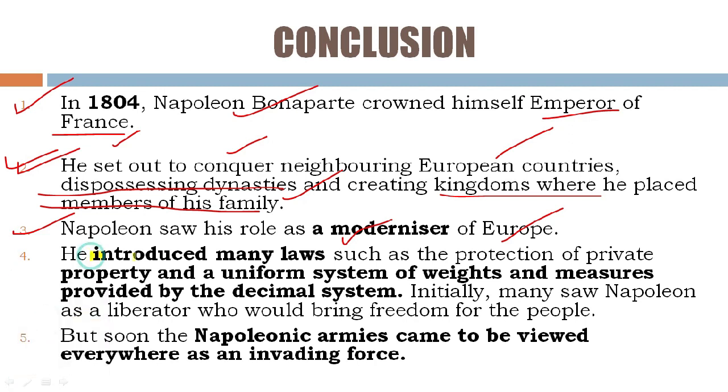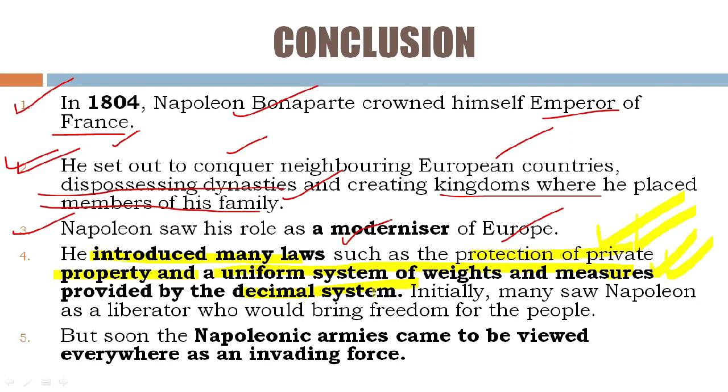We see he introduced many laws such as protection of private property and a uniform system of weights and measures provided by the decimal system. There were lots of different kinds of systems of weights and measures going on in Europe at that point of time, so he introduced a uniform system.